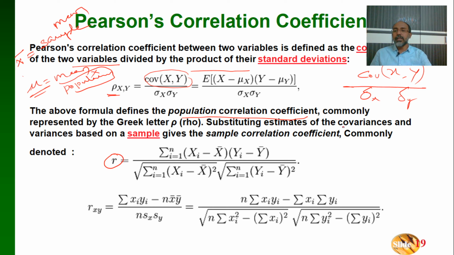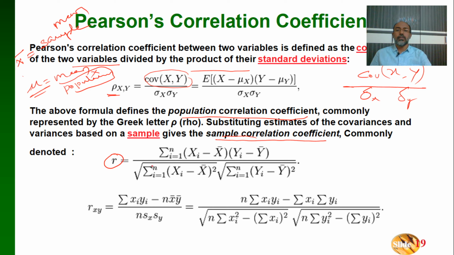Substituting estimates of the covariances and variances based on a sample gives the sample correlation. Most generally, as students we calculate this part only. When it is research work, bigger than small examples, we take the entire population into consideration, and data taken from the samples are interpreted to the wider population perspective.